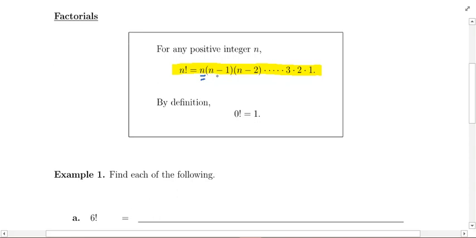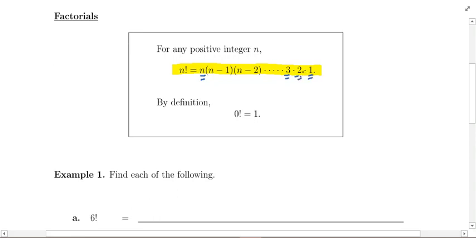And then the next number that you're going to multiply is the number minus 1, and then the number minus 2, and then you're going to keep taking 1 away from the number each time, all the way until you get down to 3 times 2 times 1.